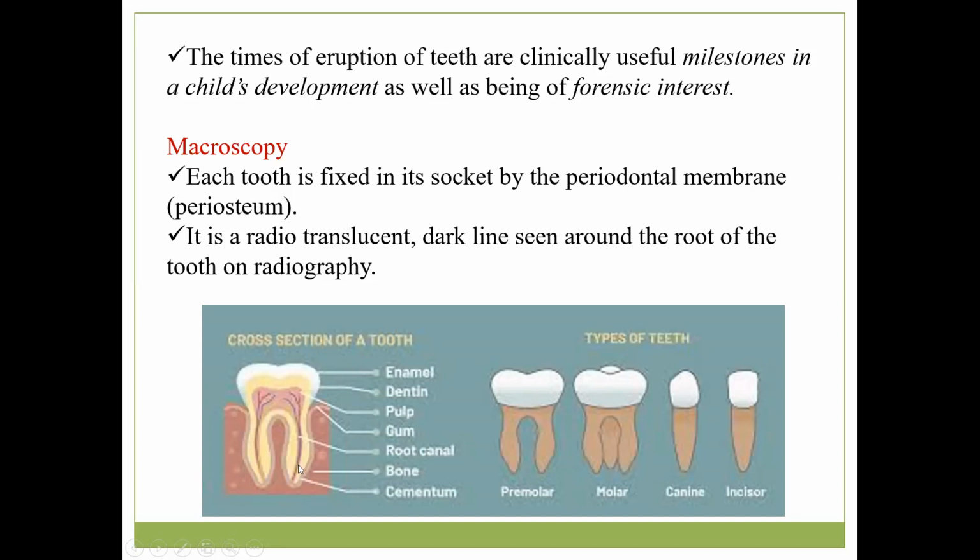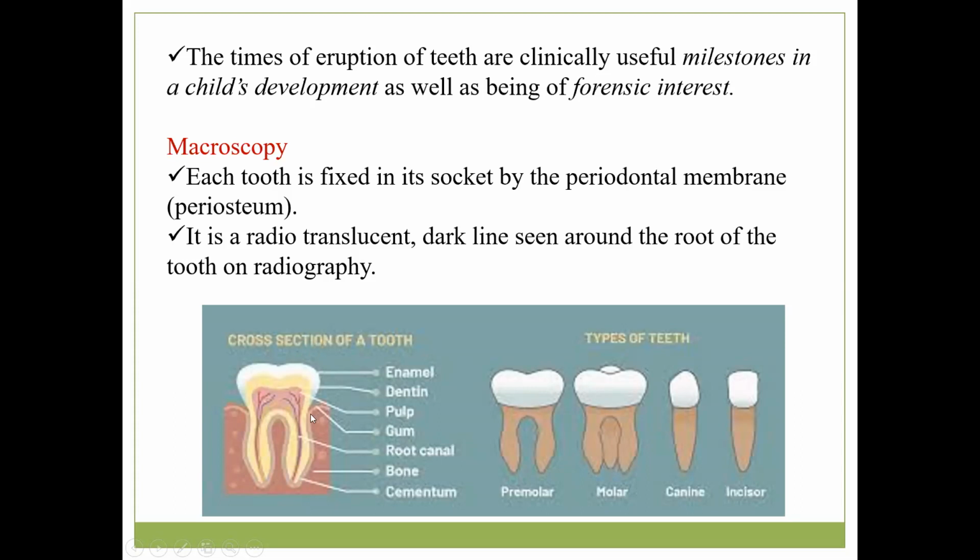When you see a cross section of the tooth, you have a part outside the bone and part inside the bone. The part outside the bone has the enamel as the outermost part, then the dentine, and then the pulp. The pulp is the place where you have your nerves and vessels.